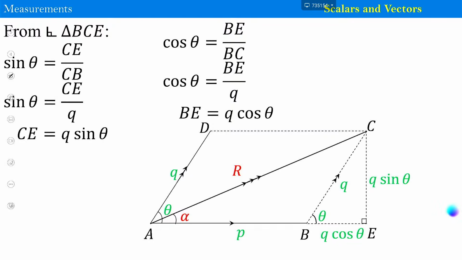So now I'm done with the small triangle. Now I go to the big triangle. Anyone who wants any clarification about this math part, please ask. Hope you all understand this math part.